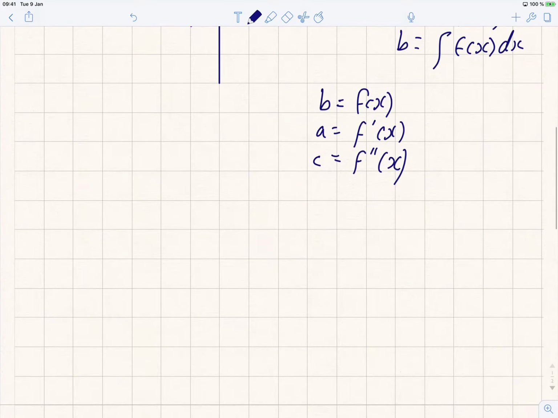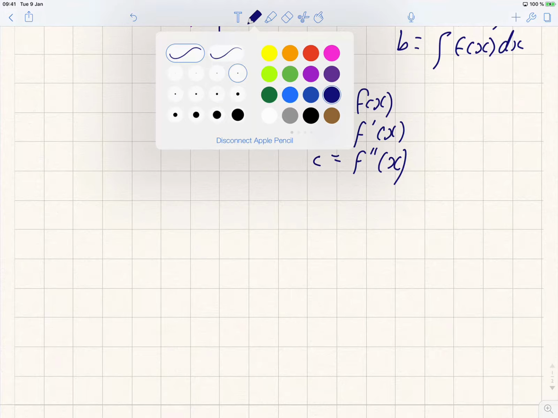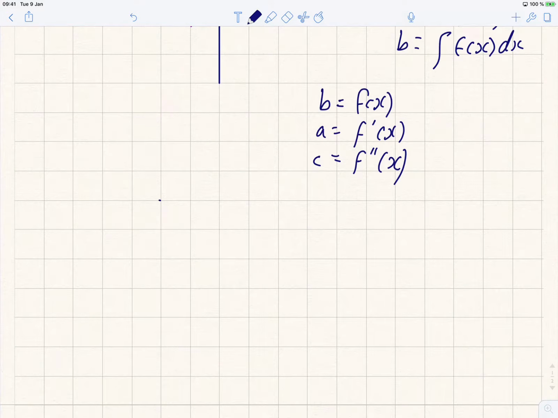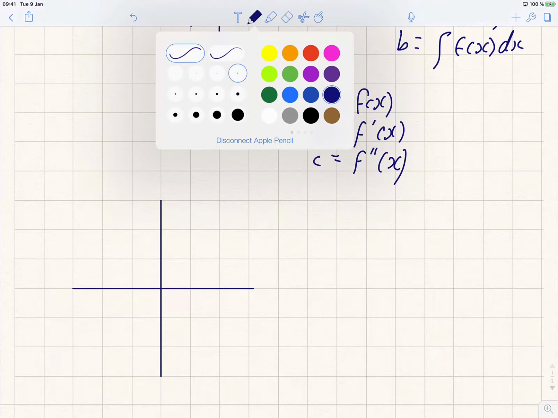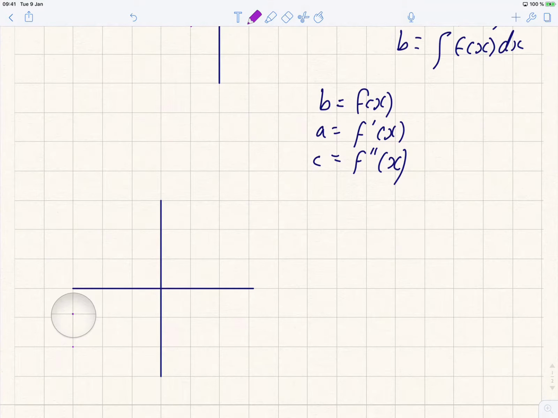What else should you know? If I was to look at a function like this, and I was given something like this, well, what do you know about that? If the gradient of this line is 0, this means this is going to be something like y is equal to minus 2.